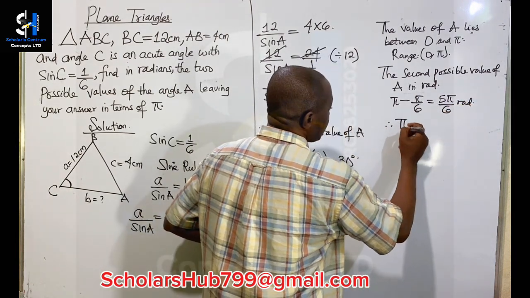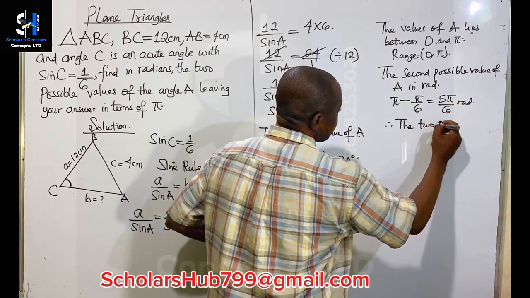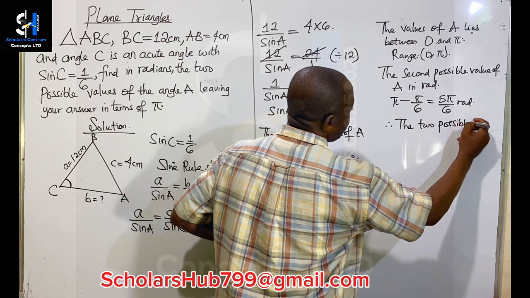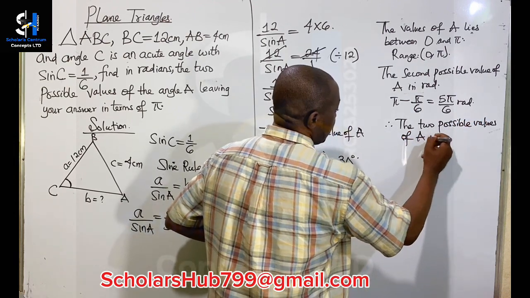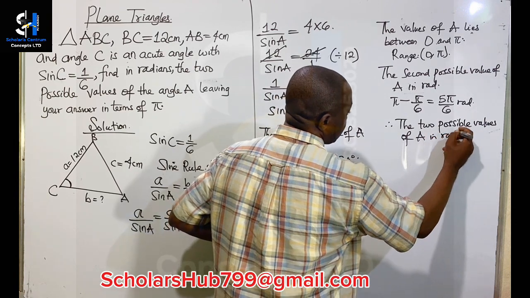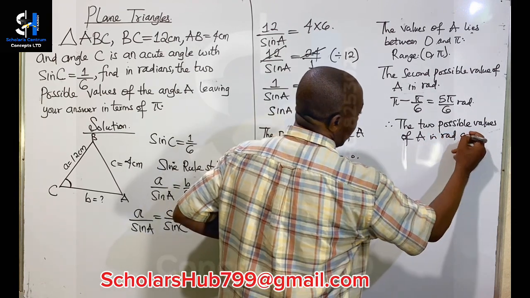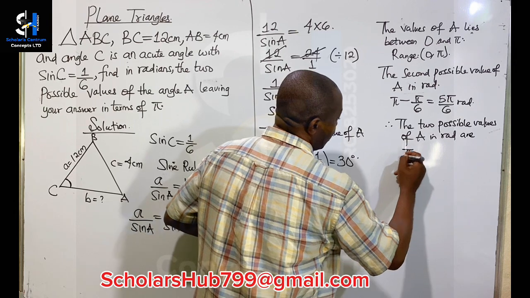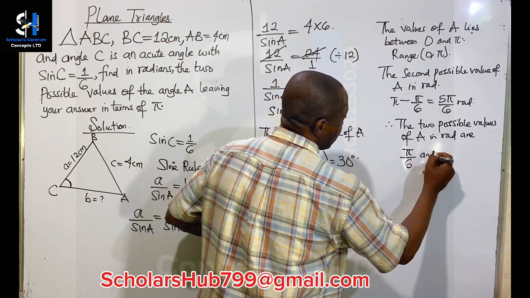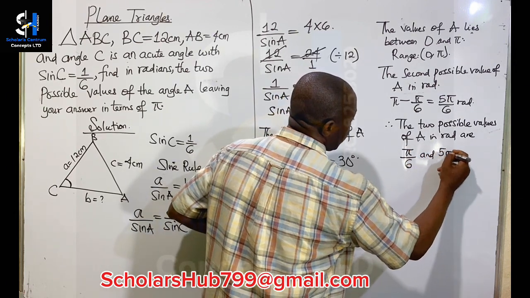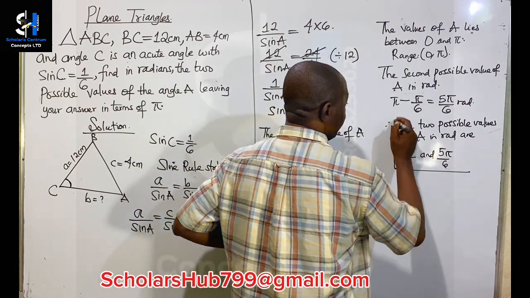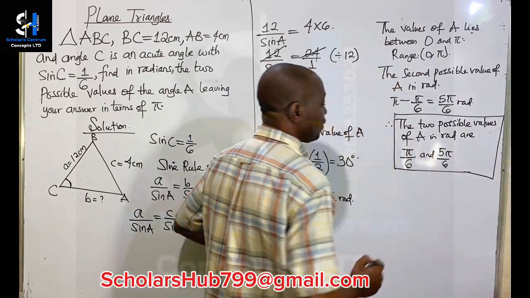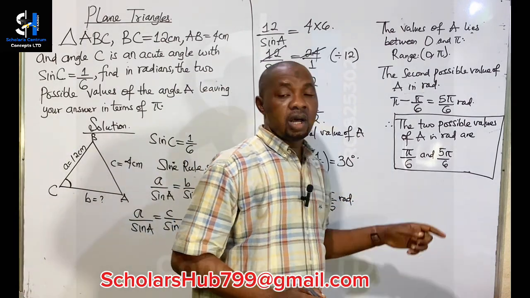Therefore, the two possible values of angle A in rad are pi over 6 and 5 pi over 6. So this is the answer to the question.